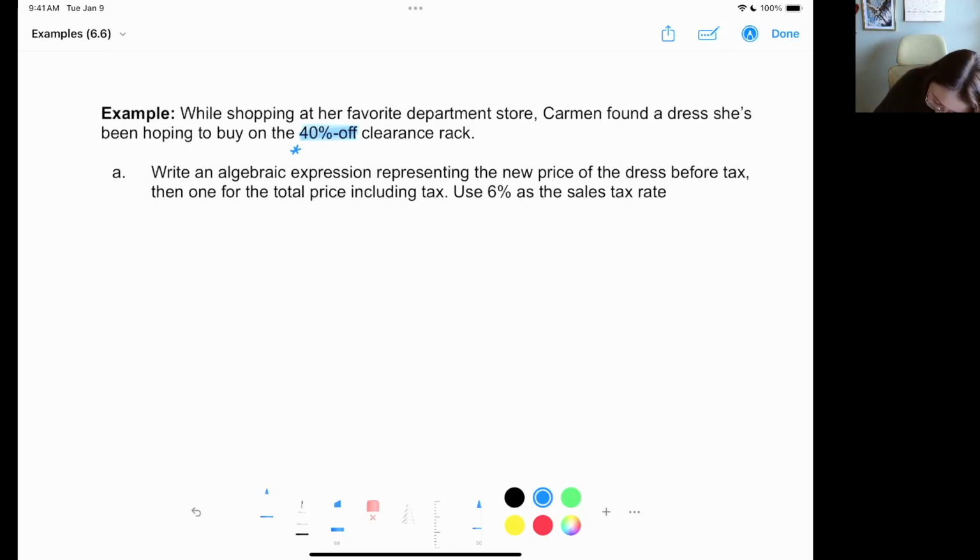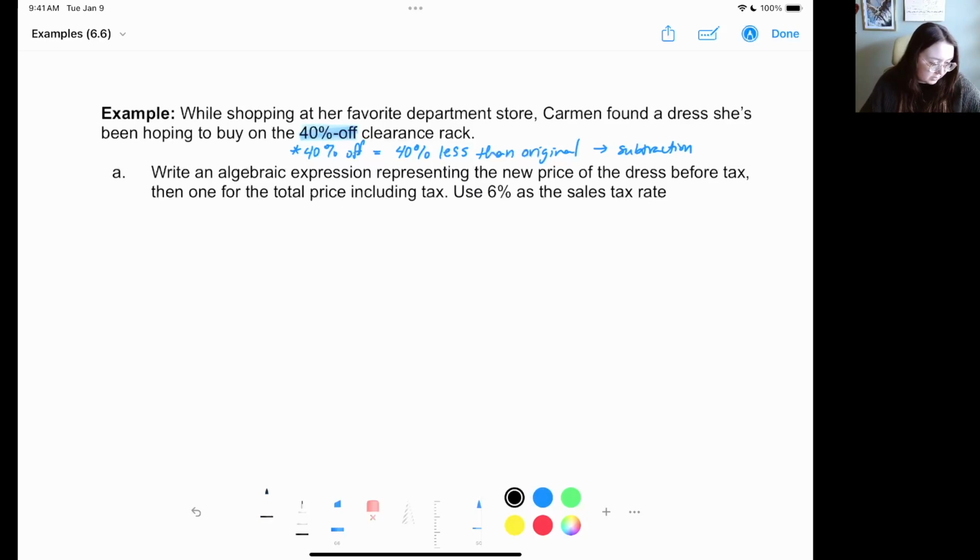So 40% off is the same as 40% less than original. And the word less will indicate a subtraction here. So less indicates a form of subtraction. So we're going to have some sort of subtraction in our expression.